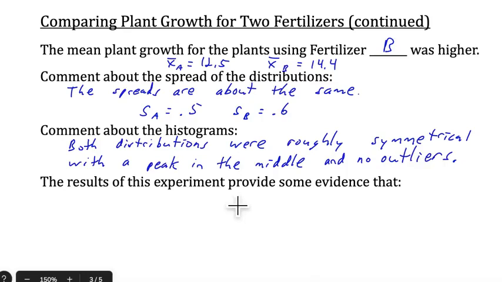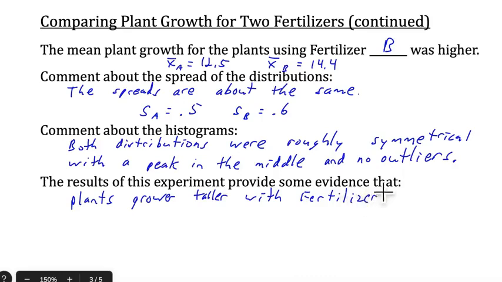Okay, so let's make the best conclusion we can make with this, keeping in mind that we only had 10 plants for each fertilizer. So the results of this experiment provide some evidence that plants grow taller with fertilizer B. Now, a good way to follow up this experiment would be to ask a statistician how certain we should be of this conclusion.